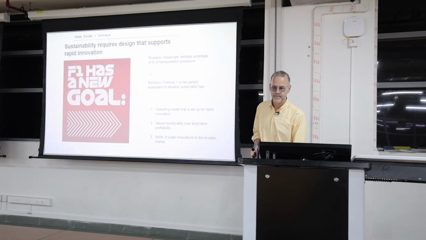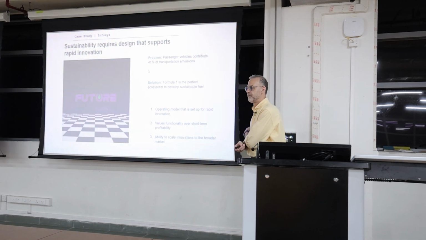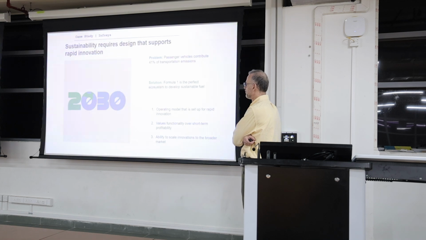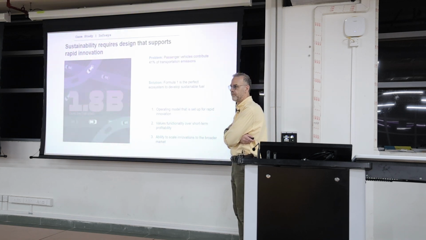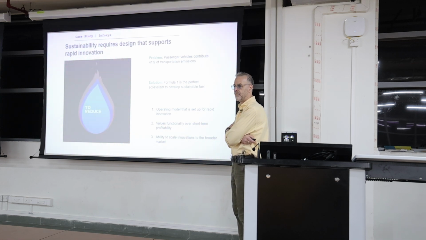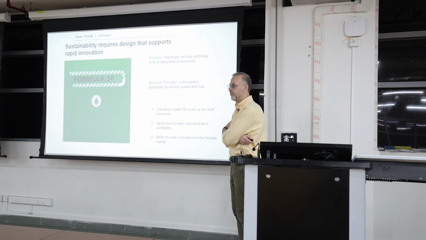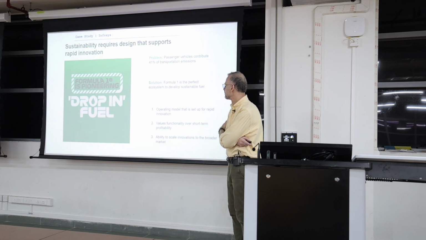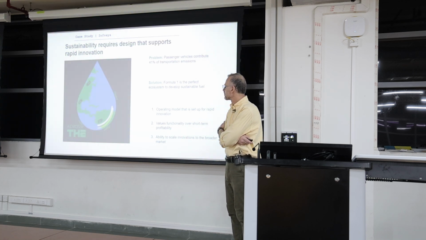F1 has a new goal, developing the fuel of the future. By 2030, it's expected that there will be 1.8 billion cars on the road, with only 8% being electric. Other solutions are needed to reduce carbon emissions, and F1 is pioneering a drop-in fuel that could be utilised by vehicles across the world.